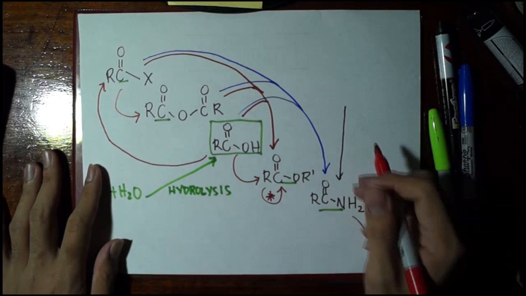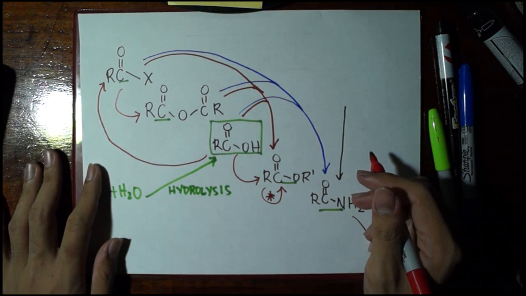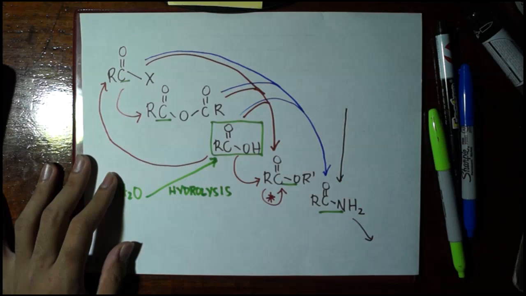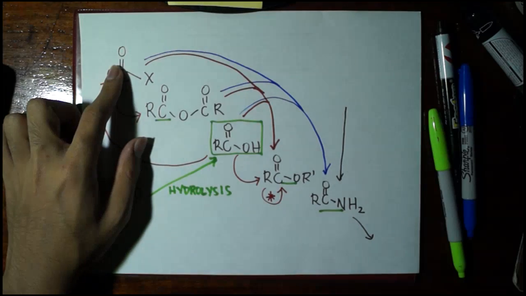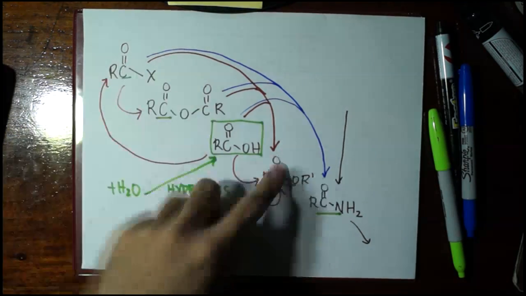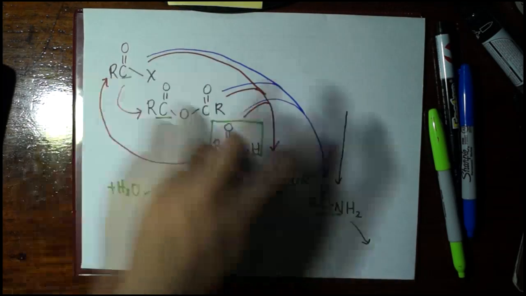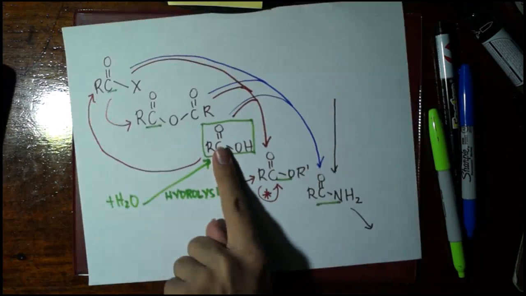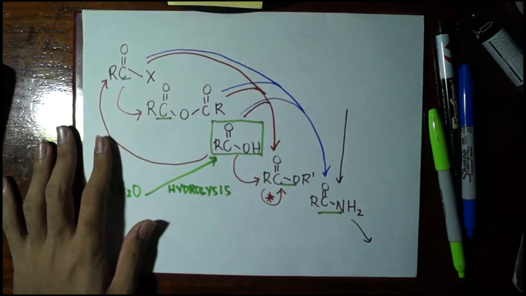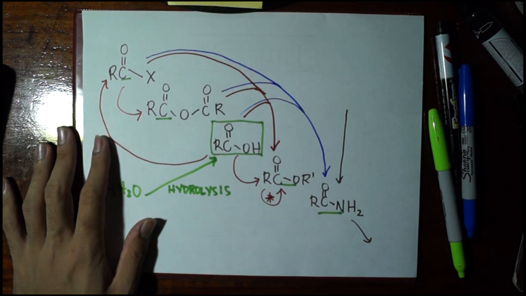Now, we go to other reactions. Let's go from the top downwards. Acid halides can be converted into acid anhydrides, esters, amides, and carboxylic acids, meaning they could be converted into anything by several reagents.